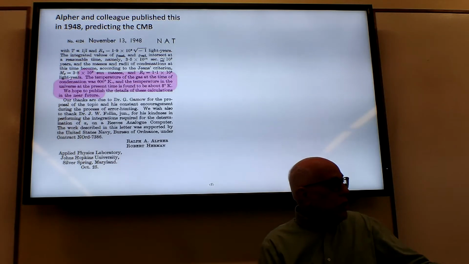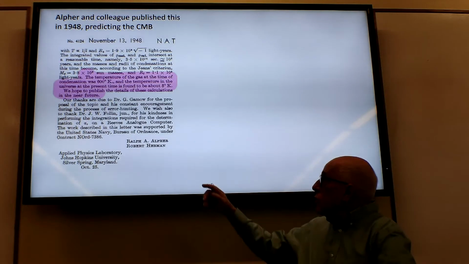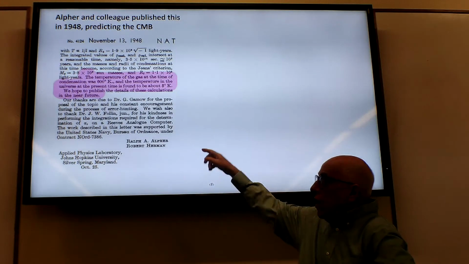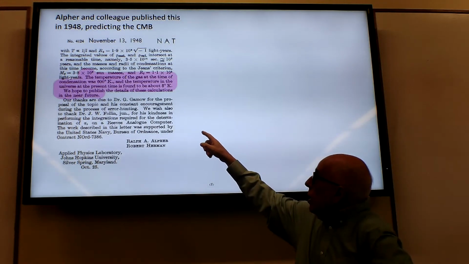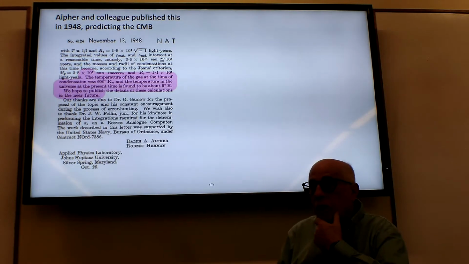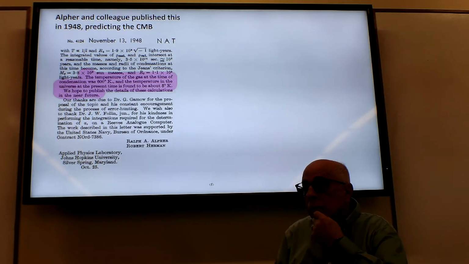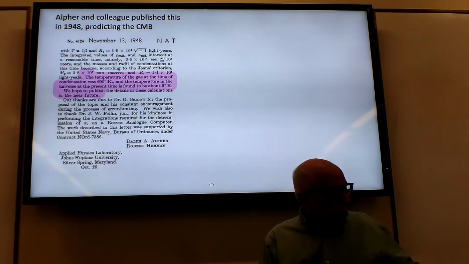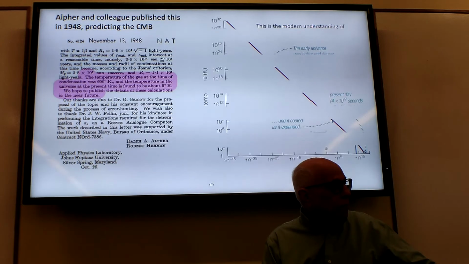So this is a page from the paper written by Ralph Alpher and his colleague Herman, predicting a background glow from the Big Bang at 5 Kelvin. This is 1948, so there's a lot of uncertainty about how the universe expanded.